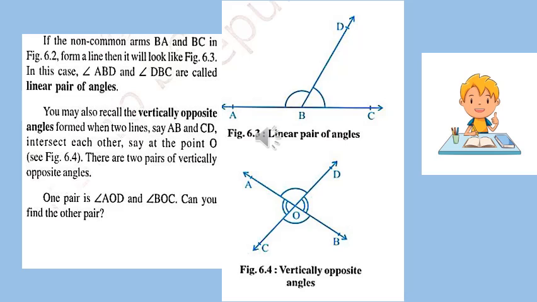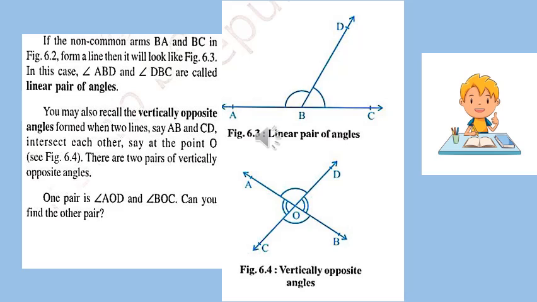Now see the next figure. Here the angles are formed by only two lines, line AB and line CD. These are intersecting lines, and when two lines intersect, four angles are formed. Each angle that is opposite to another, with only the vertex common, is called a vertically opposite angle.